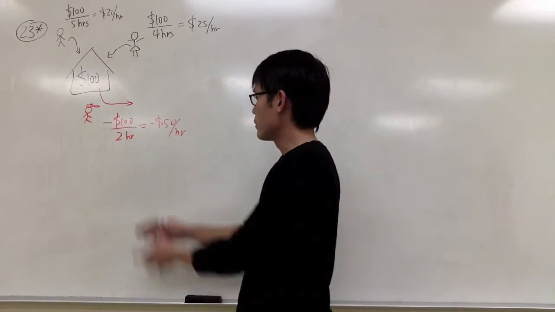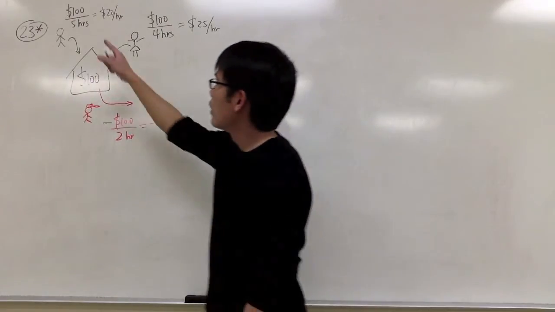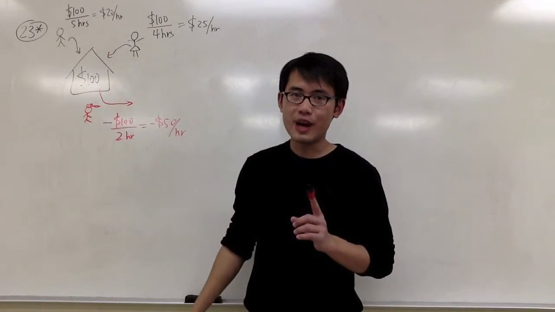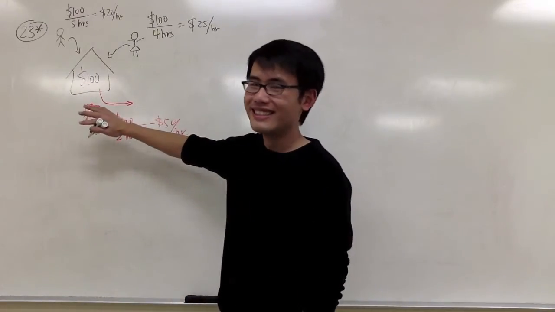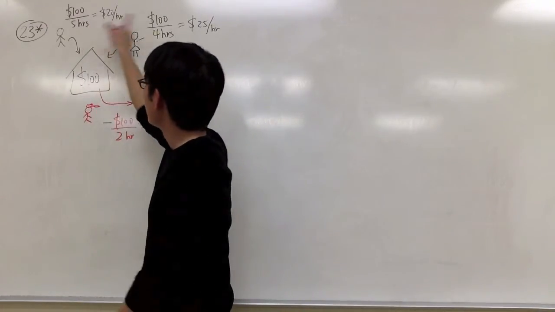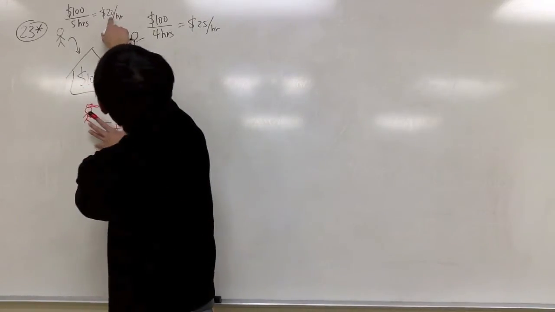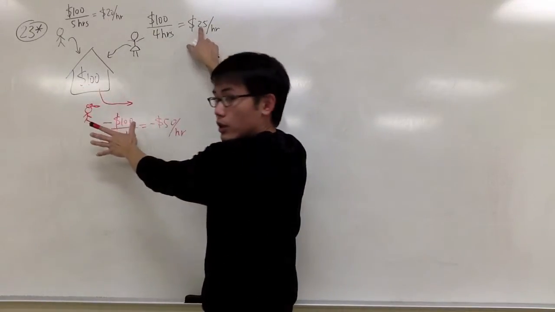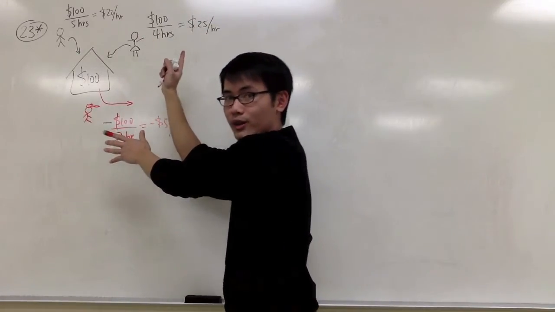So why do we do that? Because now we can just look at what happens within just 1 hour. If we forget about the son for now, just by looking at the dad and the mom, in 1 hour they can make 20 and 25, which together is $45 in 1 hour.